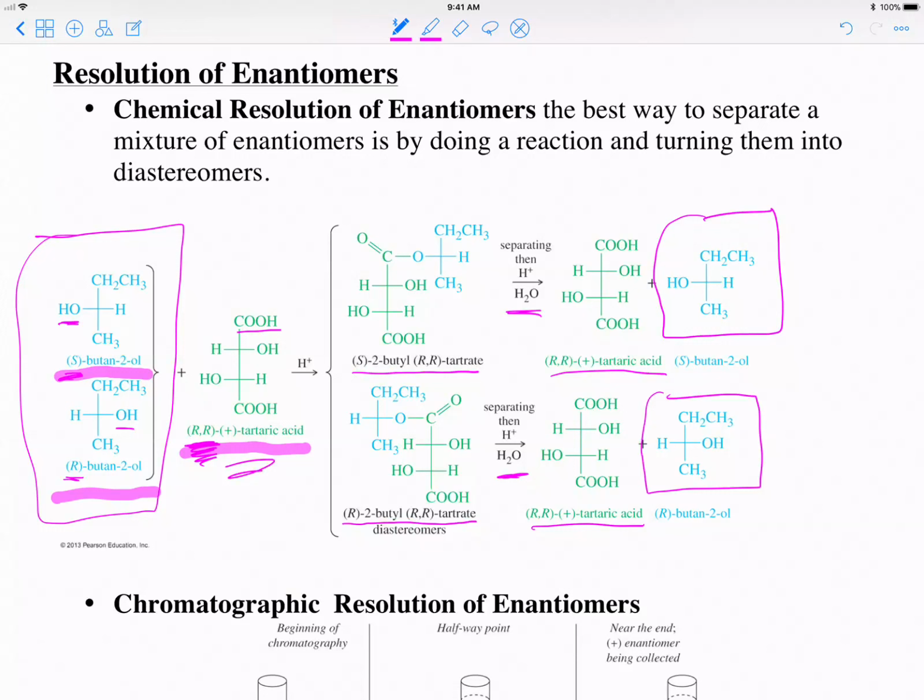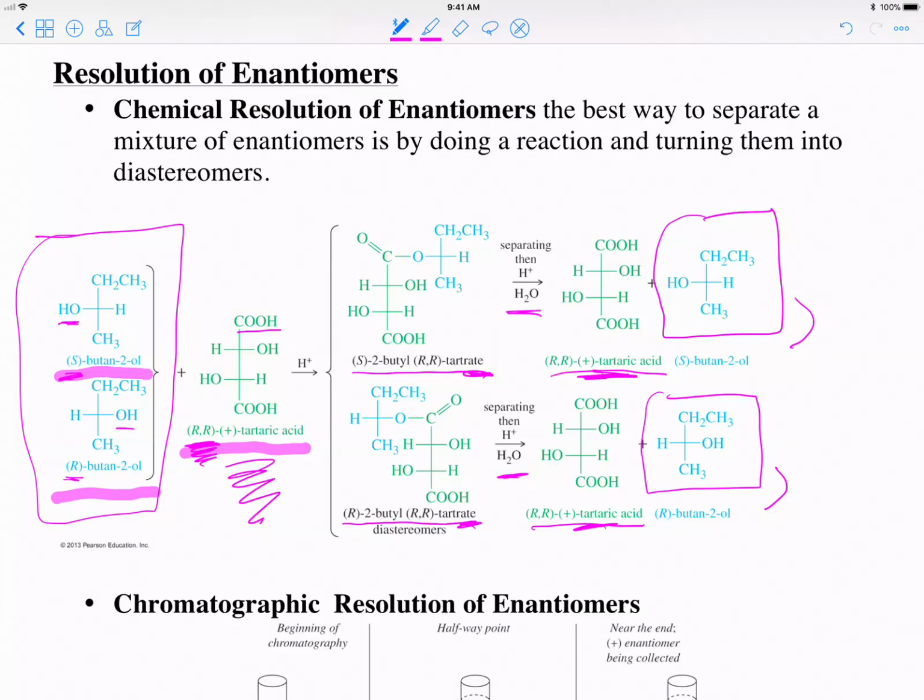But if I react them with another chiral molecule, I can turn them into diastereomers, and those I can separate. And then I can split the chiral tartaric acid apart and get individual S-butanol and R-butanol apart from each other. Then whichever one is the beneficial drug I can give to somebody, and whichever one is the poisonous one can then be destroyed.